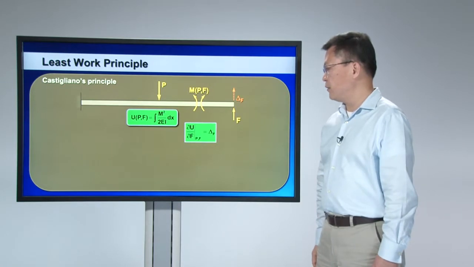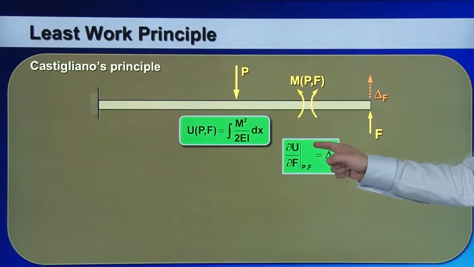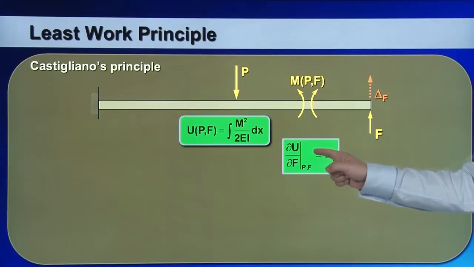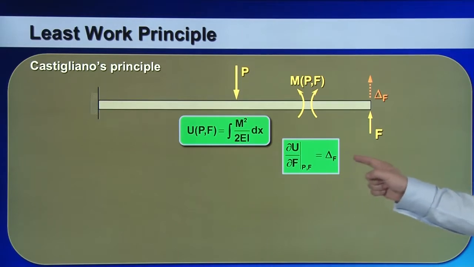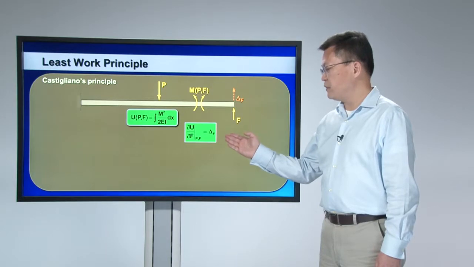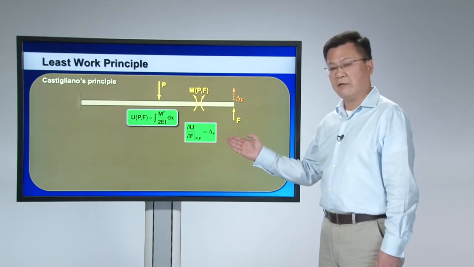Castigliano's theory tells you that if you take the strain energy, partially differentiate with respect to F, and then substitute the magnitudes of P and F, you get the displacement along the direction of F. So that is Castigliano's theory. This theory can tell you the displacement if P and F are given.